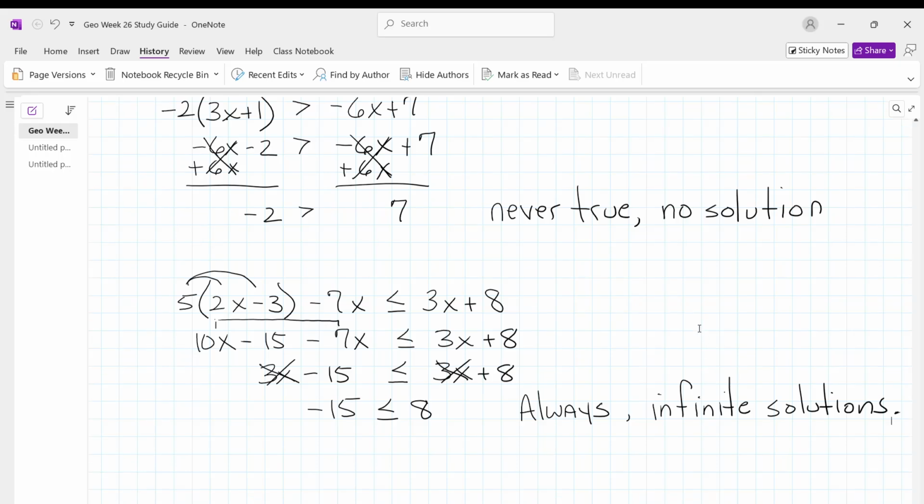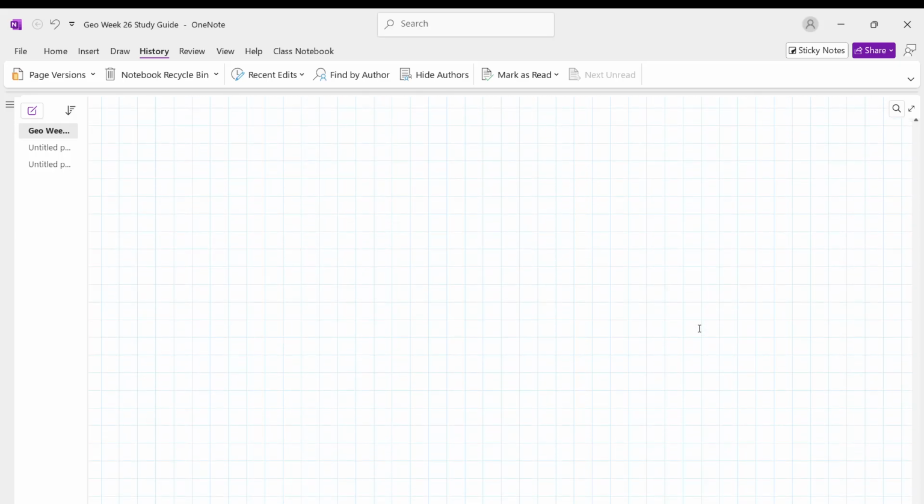And then your third example will look like this. 9x plus 2 times 2 plus x less than 5 plus 9x.